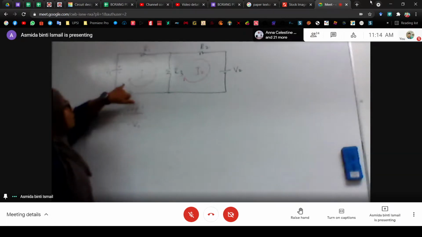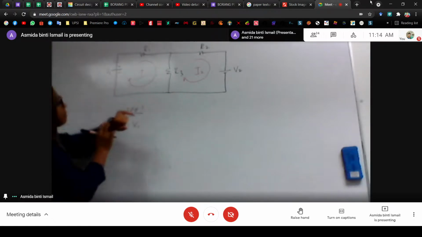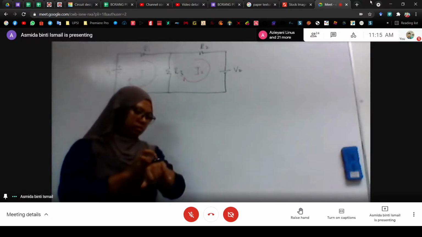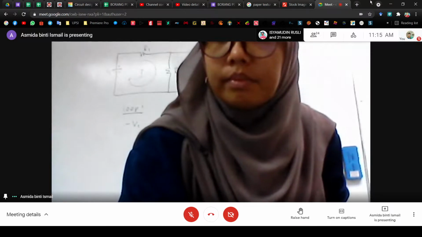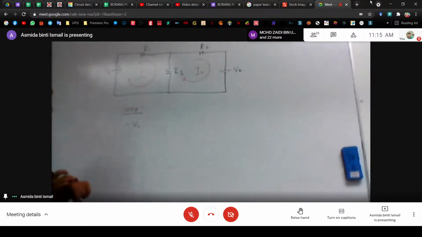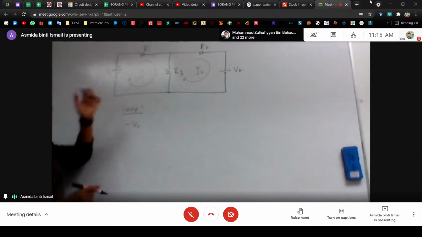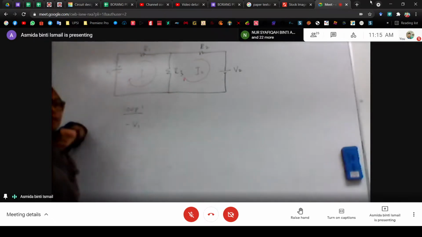Based on this arrow, you find the negative V1, so you write here negative V1.